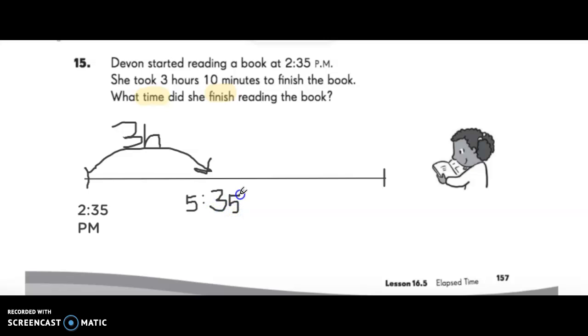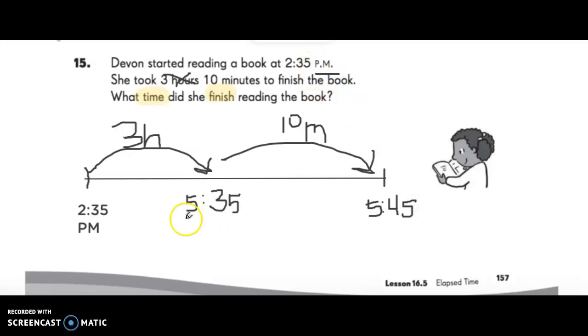And then you can finish up because we did our 3 hours and we need to do an additional 10 minutes. So we're thinking 10 minutes after 5:35 would bring us to 5:45. And then take a look at your AM and PM. We were at 2:35 p.m. We haven't passed any 12 o'clocks, so it will stay PM.